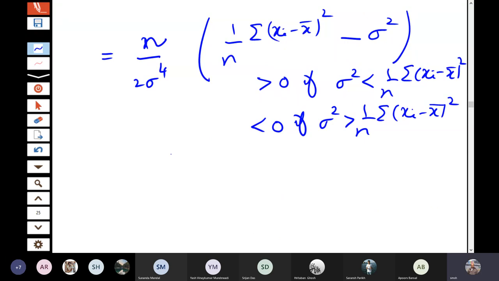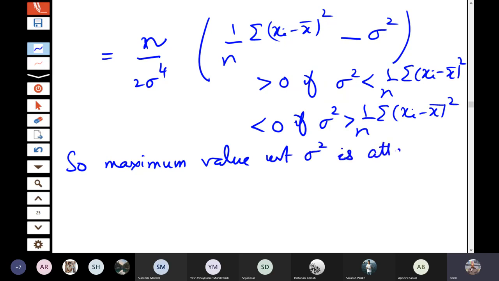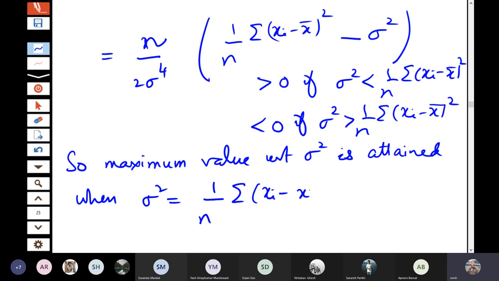So once again you can see it is increasing for sigma square less than 1 by n sigma xi minus x bar square, and thereafter it is decreasing with respect to sigma square. So the maximum value with respect to sigma square is attained when sigma square is equal to 1 by n sigma xi minus x bar square.